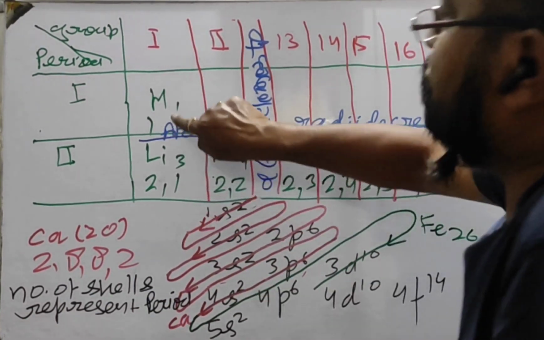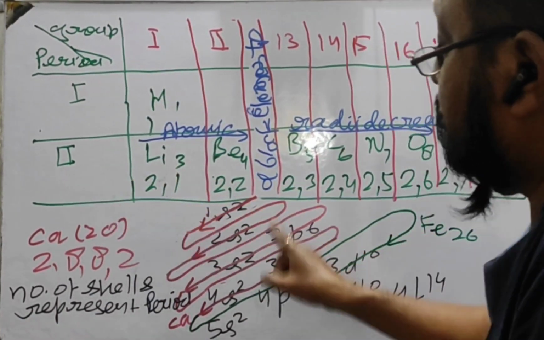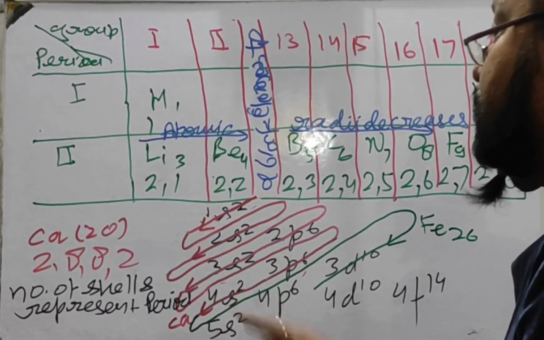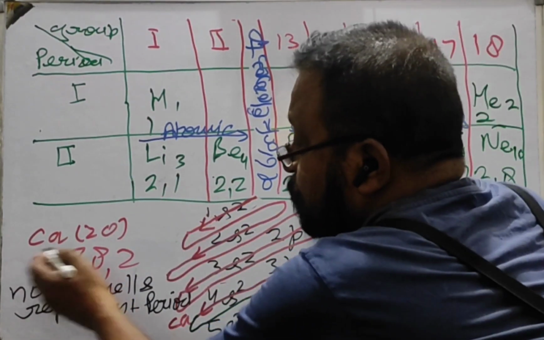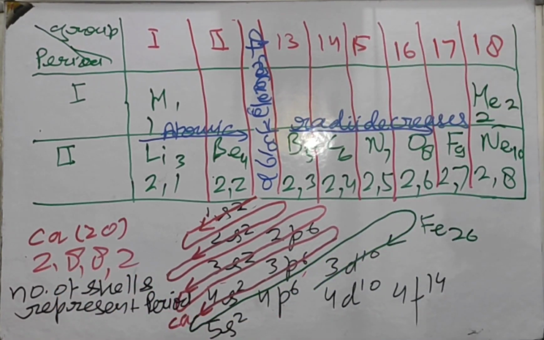If there is one shell, first period; two shells, second period; third shell, third period. Like that, if it has a fourth shell, it is in the fourth period, right?